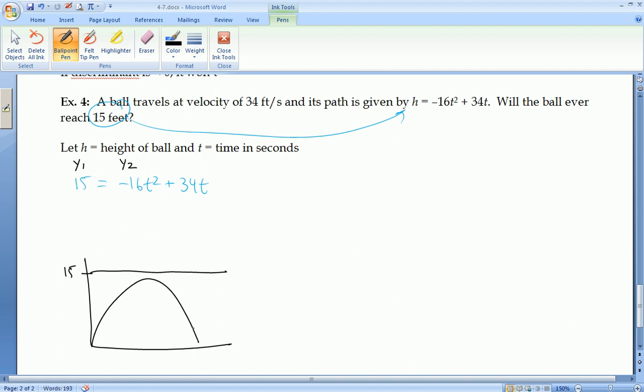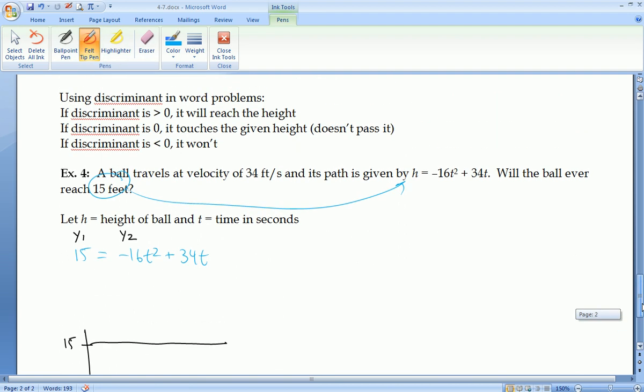So you could technically put this both into your y equals, y1 and y2, and see. Okay, but mathematically, we're going to use a discriminant here, and I'll show you what it looks like on the graph in a second. So we're going to go ahead and use the discriminant part, but we have to first set it equal to 0. So when we set this equal to 0, we're going to subtract 15 on both sides.